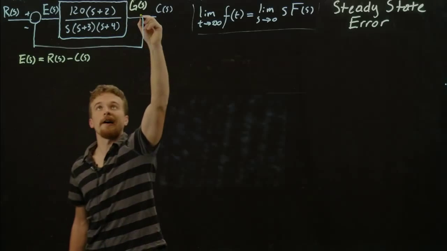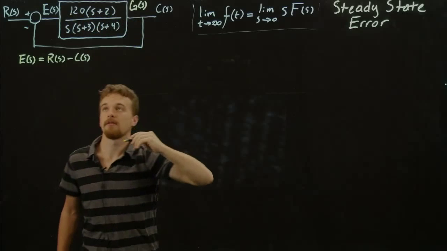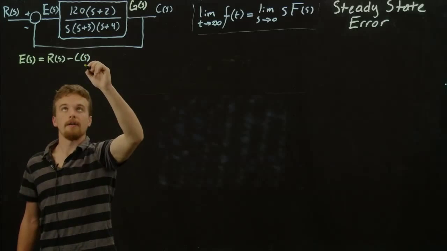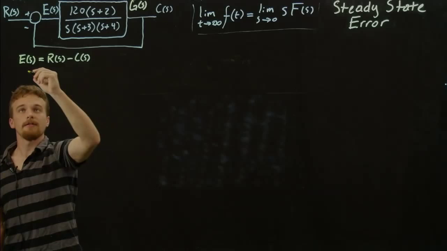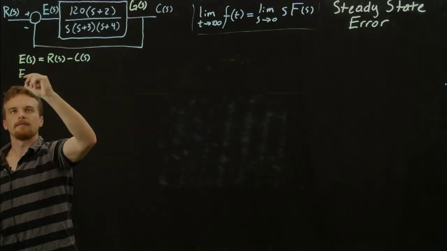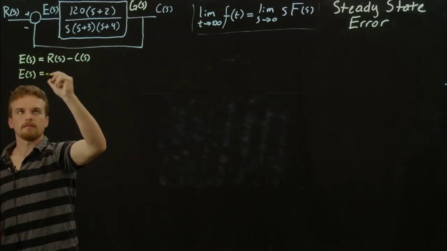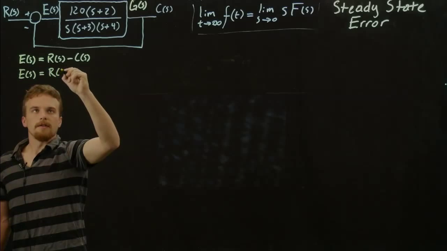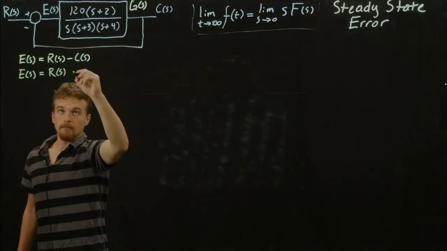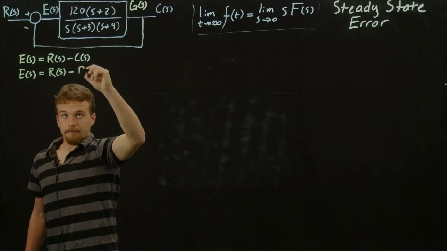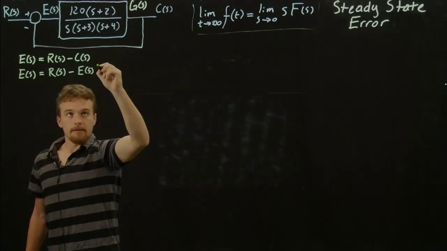So this signal at the output is equal to your input times your transfer function. So we can sub in E of S times G of S for C of S. We'd have that E of S is equal to R of S minus E of S times G of S.